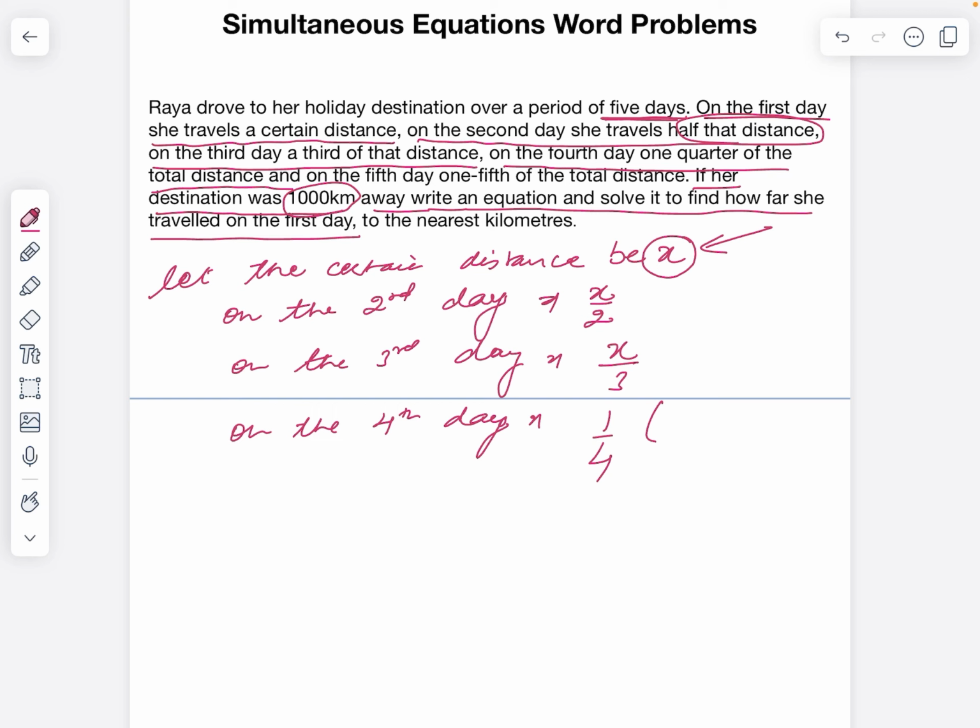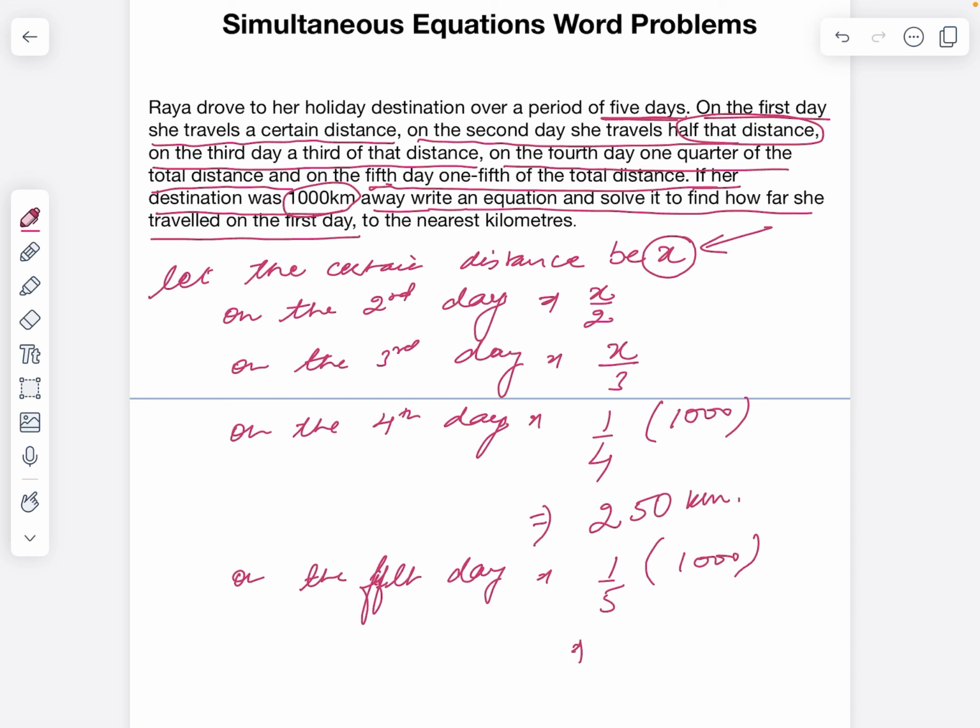So here we go, 1/4 of 1000 is going to be 250 kilometers, right? And then on the fifth day, 1/5 of the total distance. So on the fifth day, 1/5 of the total distance is going to be 200 kilometers.